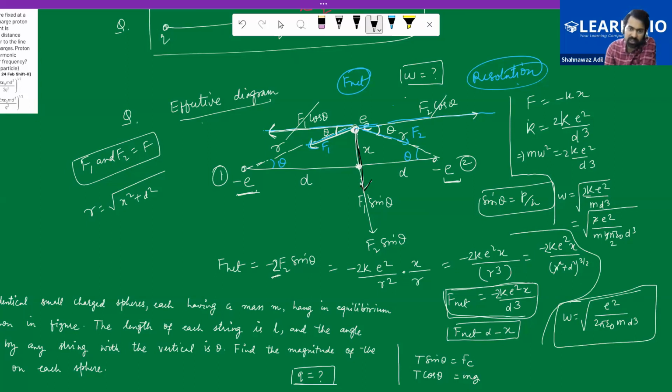Is it clear? Why did we get this 2? Please tell me.